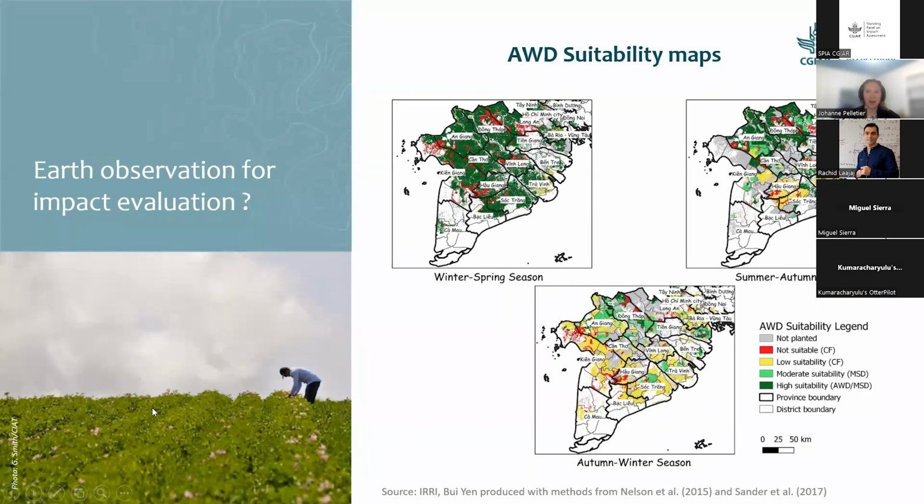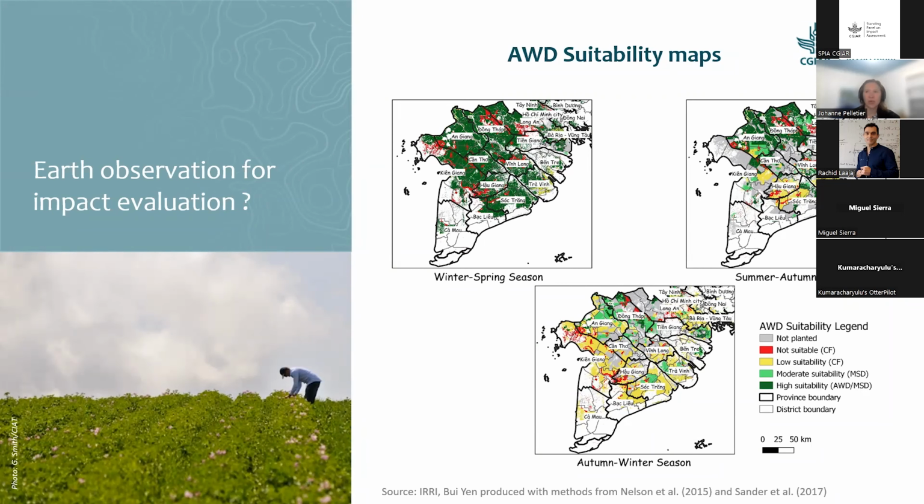Within the CGIAR, remote sensing has been a very useful tool. There have been large-scale remote sensing projects. Both CIAT and ICRISAT are hubs for the NASA SERVIR Applied Science Program for South America and for West Africa.